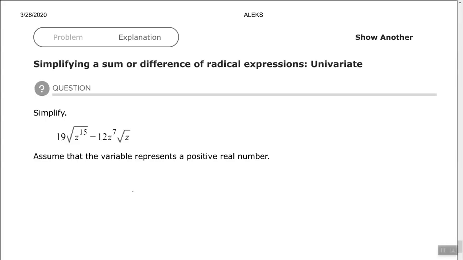Let's start off by simplifying underneath the radical first in this first radical. We have this z to the 15th, so we need to break that down so it will be divisible by 2. So z to the 14th times z to the first.